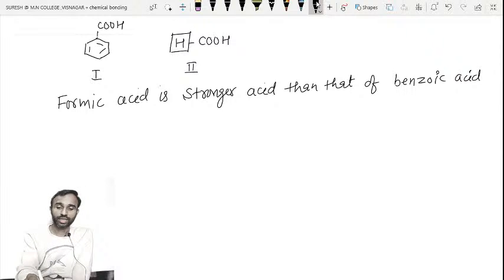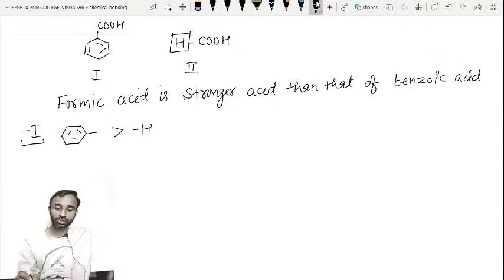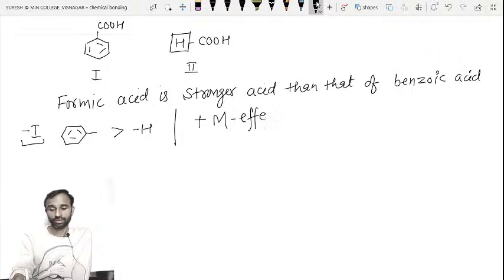Because in this case there is H. If we compare H with the phenyl ring, so if we talk about minus I effect, the phenyl ring has higher minus I effect than hydrogen, but at the same time there is plus M effect, resonance, the mesomeric effect.